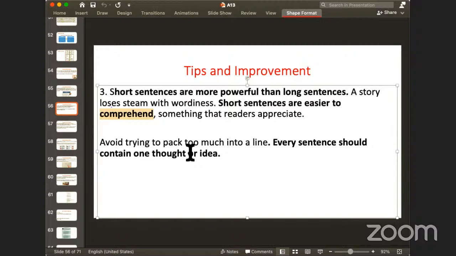They will lose interest in reading the whole article because they will get tired. So we have to avoid packing too much information in one line. Every sentence should contain one thought or idea.